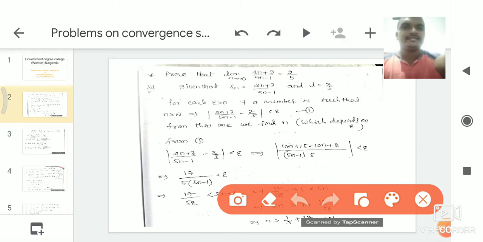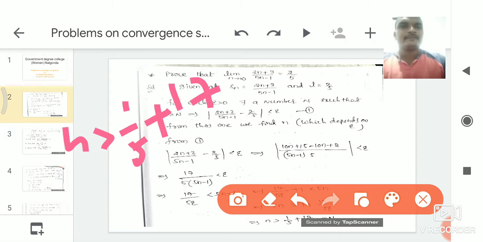The last value is n greater than 1 by 5 plus 17 by 25 epsilon.